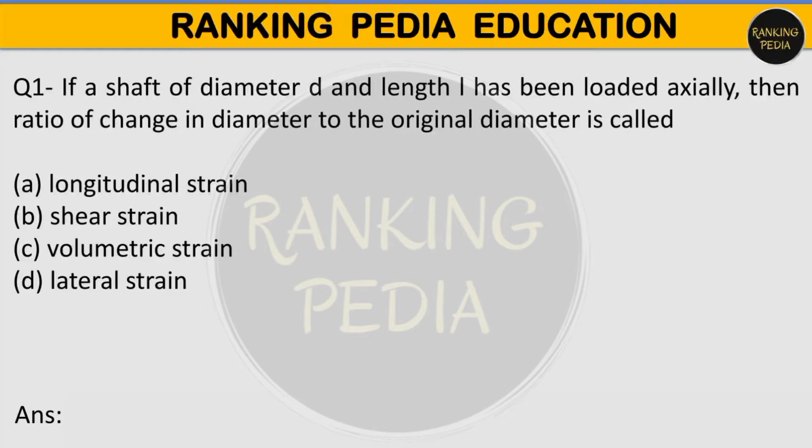First question: if a shaft of diameter D and length L has been loaded axially, then the ratio of change in diameter to the original diameter is called? Your options are longitudinal strain, shear strain, volumetric strain, or lateral strain. The ratio of change of lateral dimension, that is delta D, to the original lateral dimension, that is D, in the lateral direction of the applied load is termed lateral strain.